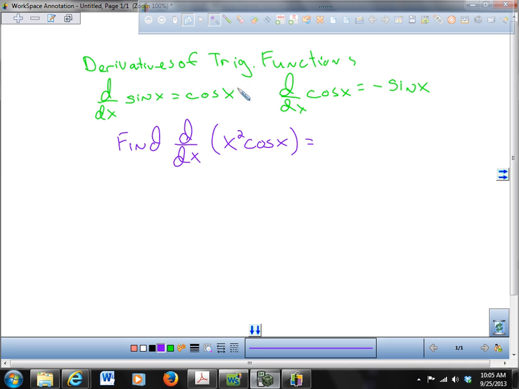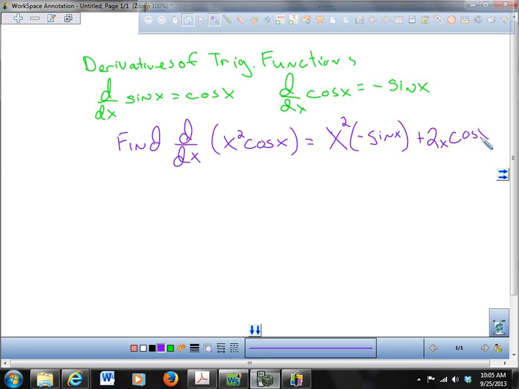It doesn't really matter which order you do the product rule in because it's addition anyway. But it's the first left alone times the derivative of the second, which is what? Negative sine of x, plus the derivative of the first, which is 2x, times the second left alone.